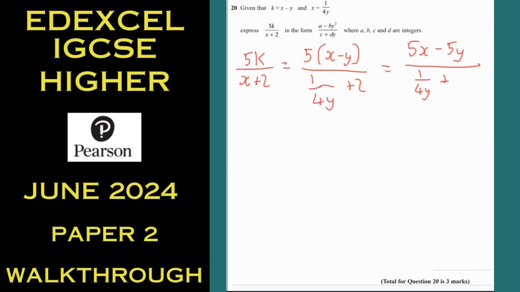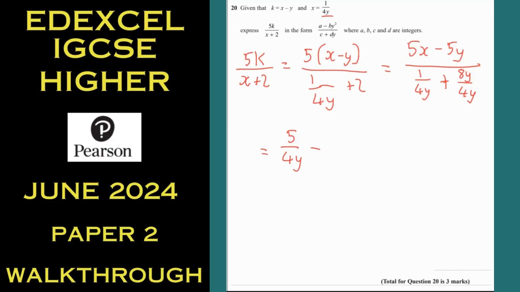So I'm going to write the number 2 in a stupid way. Another way of writing 2 is 8 over 4. Another way of writing 2 is 8y divided by 4y, because that would indeed be 2. So, what's happening on top? I'm going to replace the x with 1 over 4y. Guess what I'm going to do with 5y?